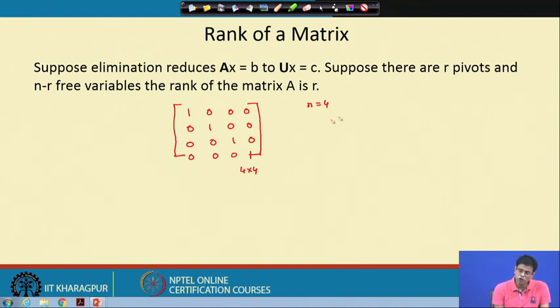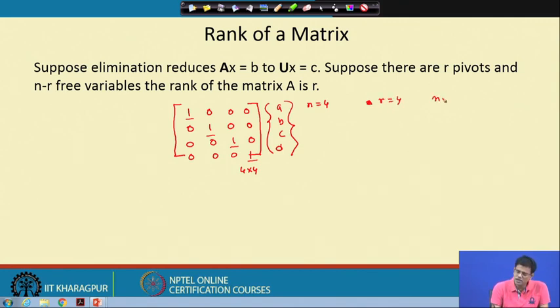Among these 4 variables, if I write here A, B, C, D, all variables are actually pivot variables, because these are the pivot elements. So that means r here is actually 4.